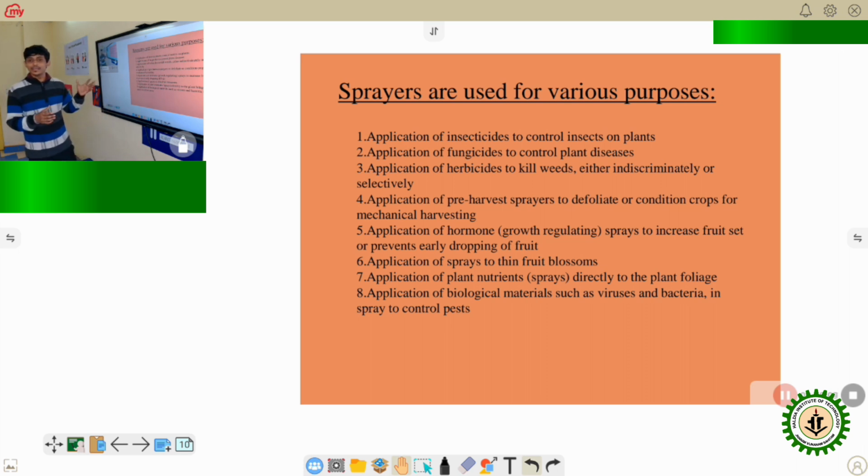So it is a very important piece of equipment that is effectively used in the field. Some biological materials, such as viruses and bacteria, we can also easily apply in liquid form by the sprayer. So these are the different purposes of the sprayer which are commonly used in field conditions.